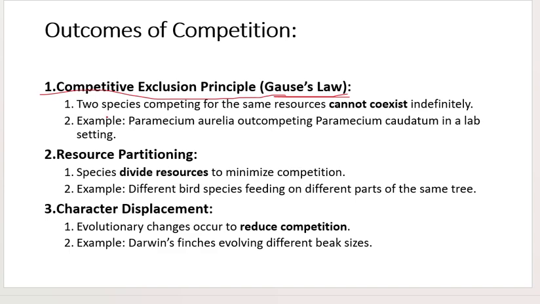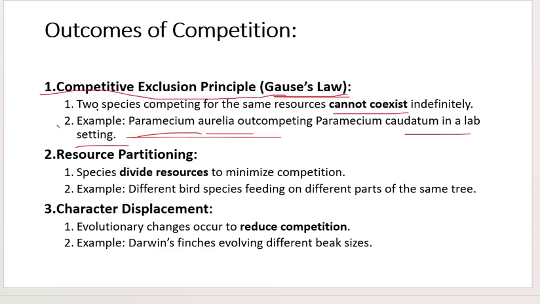Here, two species competing for the same resource cannot coexist indefinitely, for an indefinite time. For example, Paramecium aurelia out-competing Paramecium caudatum in a lab setting. I think I put a very difficult example. You just remember that two species competing for the same or limited resource cannot coexist indefinitely.